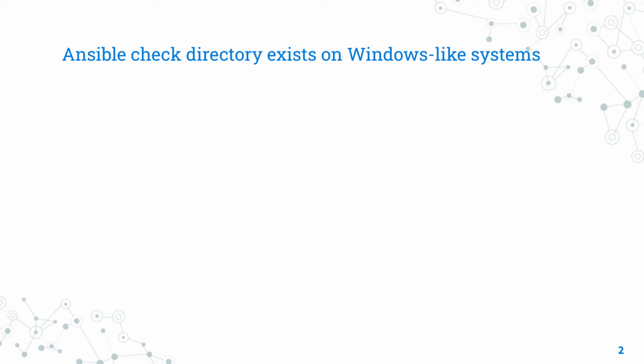Today we are talking about Ansible module win_stat. The full name is ansible.windows.win_stat, which means that it is part of a collection or module specialized to interact with Windows target hosts.